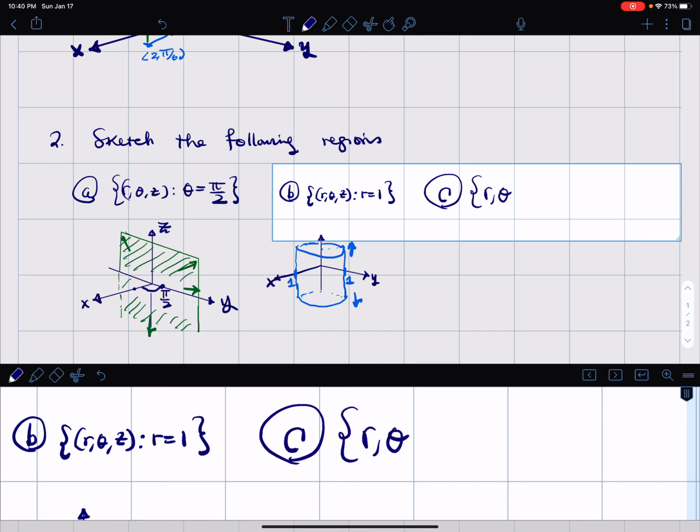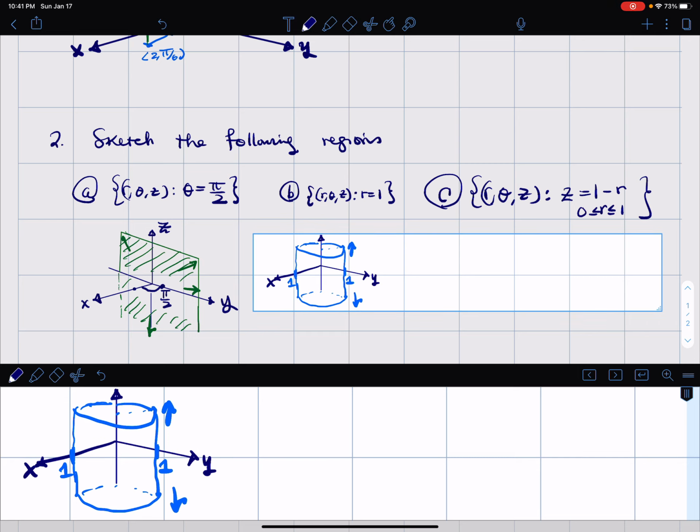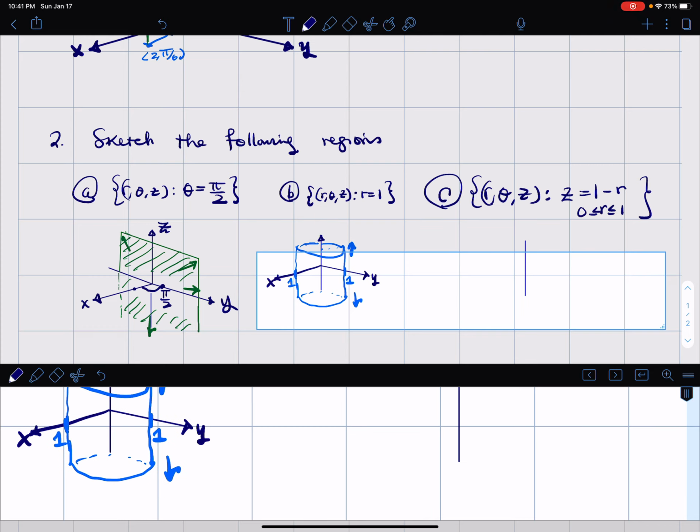(r, theta, z) such that z is equal to 1 minus r, and r is between 0 and 1. Okay, so this needs a little bit of thinking, but let's see how it goes. Let's sketch our axes first. Let's start with z.